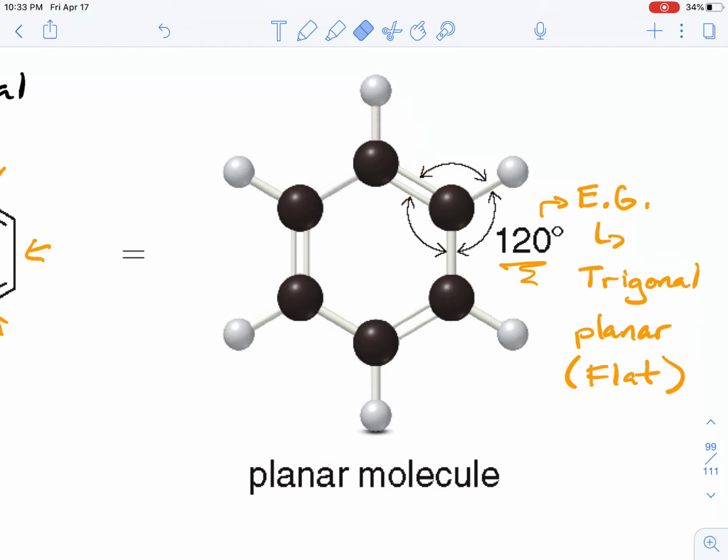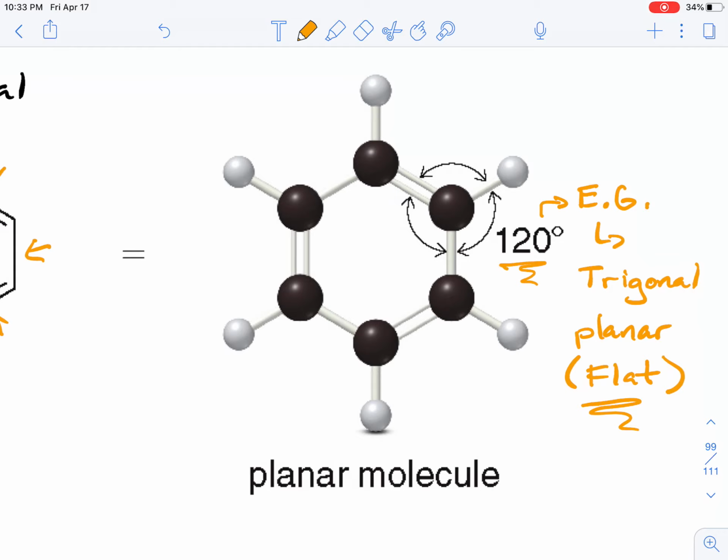Now, if you are looking at this carbon, once again, I have 1, 2, 3 groups of electrons, so it's trigonal planar. This carbon is also trigonal planar because it has 1, 2, 3 groups of electrons. And you can repeat that exercise in your mind, but long story short, every single carbon on a benzene ring has an electron geometry that's trigonal planar, which emphasizes that this molecule is completely flat.